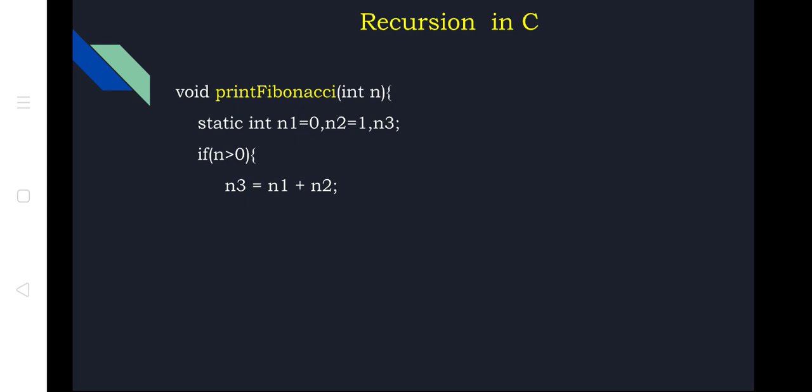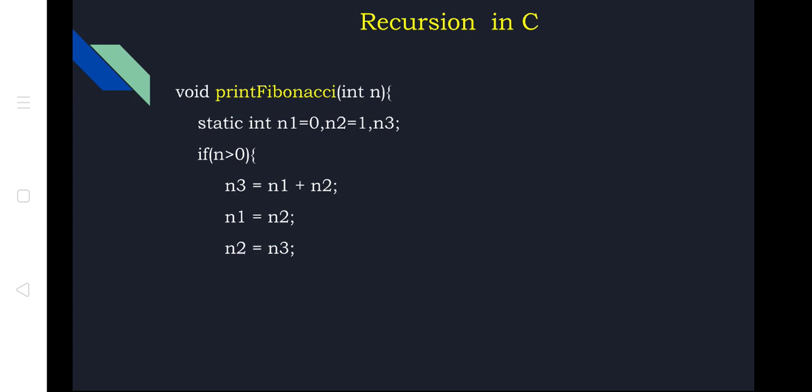So that is what is given here: n3 = n1 + n2. Okay, and then after finding the third term, the first term will be discarded, the second will become the first, and the third will become the second. So that is given as n1 = n2 and n2 = n3, and this will help to find the fourth term.